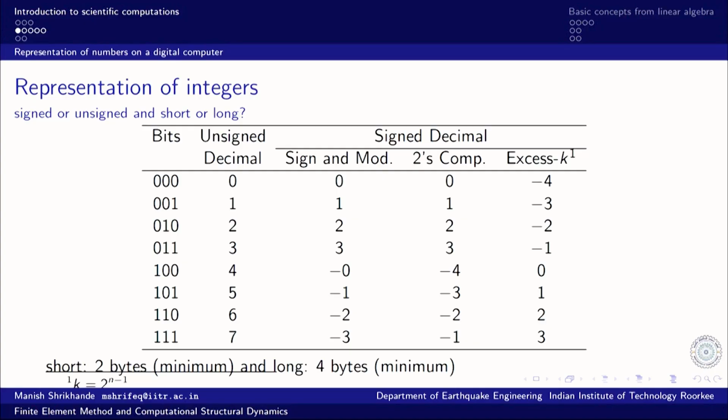We can treat the leftmost bit as a sign bit, and the rest of the 2 bits as the number representation. If I consider 0 as the positive sign and 1 as the negative sign, the first 4 numbers are plus 0, plus 1, plus 2 and plus 3, and subsequently we would have minus 0, minus 1, minus 2, minus 3.